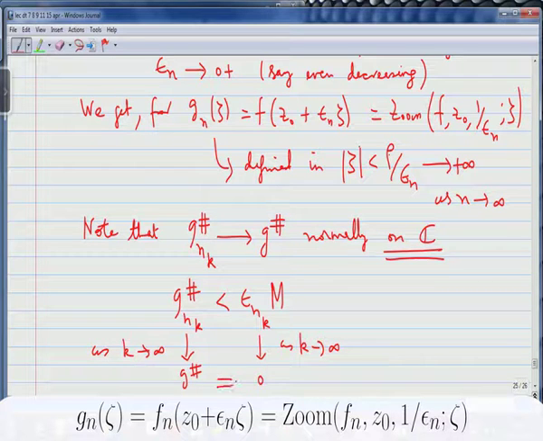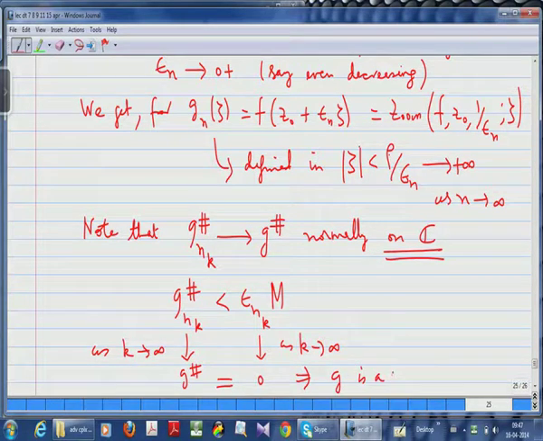So the moral of the story is that g hash is 0, and this implies that g is a constant. And when I say g is a constant, mind you, g could be the constant function which is identically infinity, that is also allowed. So how do you argue that g is a constant?